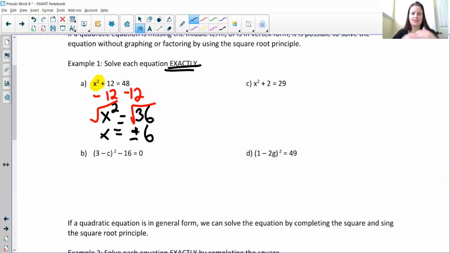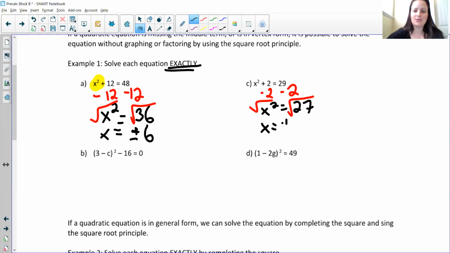Let's try another one. Let's try C. Pause the video and try it on your own, right? And now we're going to go through that. So we're going to subtract 2 from both sides. We're going to get x squared equals 27, and then we're going to square root both sides. In this case, we get x equals plus or minus the square root of 27. Now, that's not the most simplified answer.